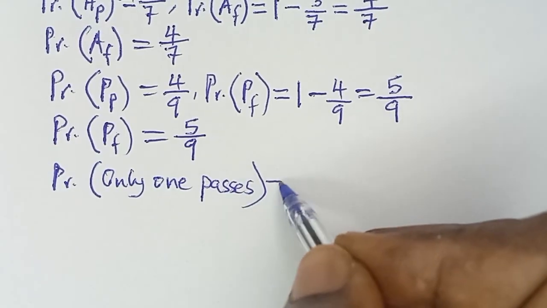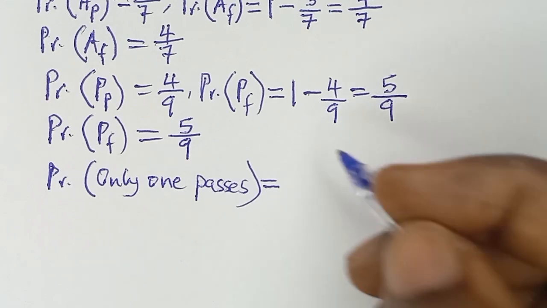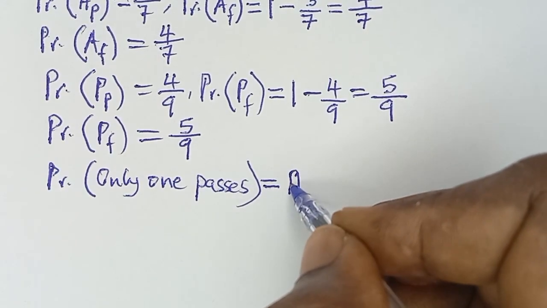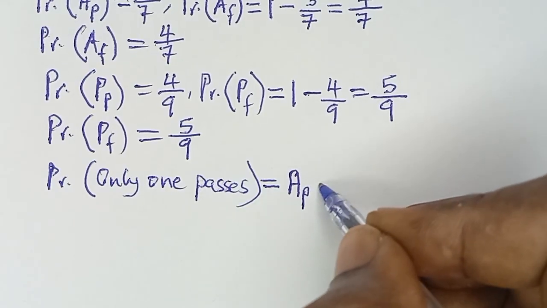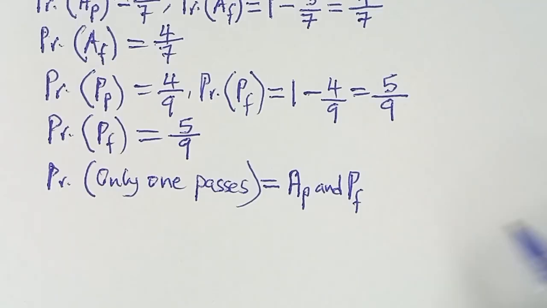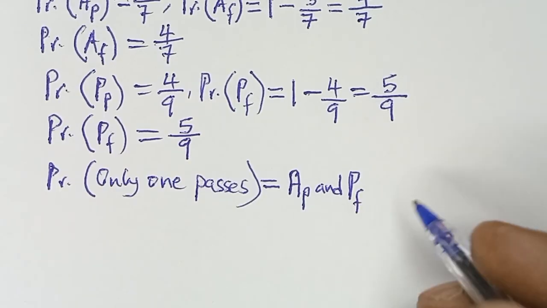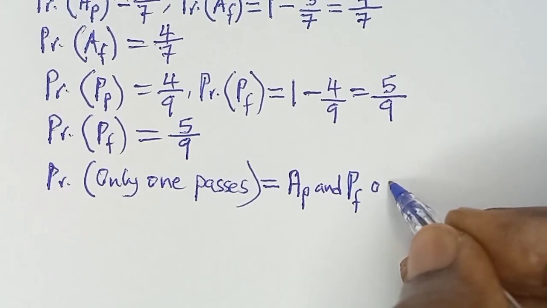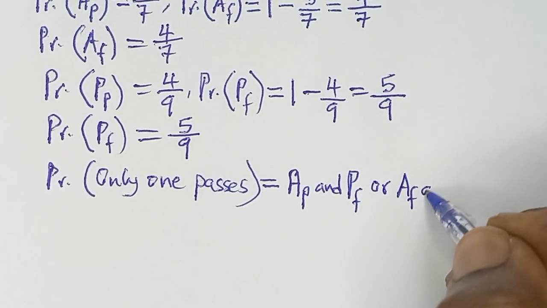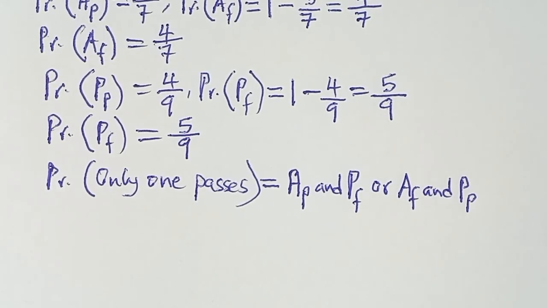Now, logically, you will agree with me that for only one of them to pass, it definitely means that, let me start with Aaron, Aaron passes and Peter fails. This is the only logic. That is either Aaron passes and Peter fails, or Aaron fails and Peter passes.